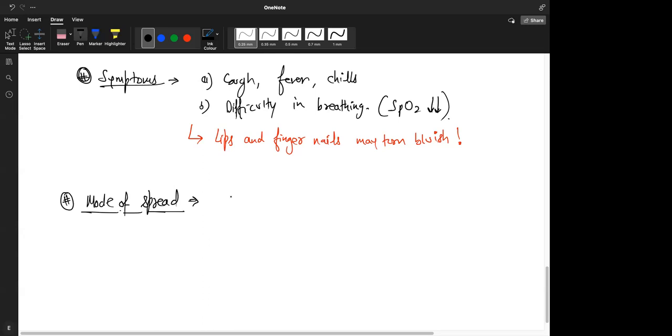When we cough or sneeze, yes, Afifa. When an infected person sneezes, the aerosol particles, when they enter your nose, will infect you.